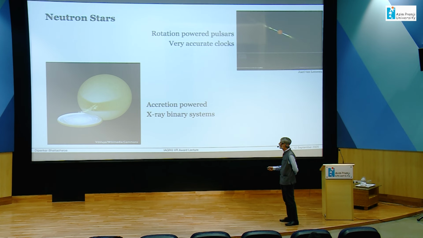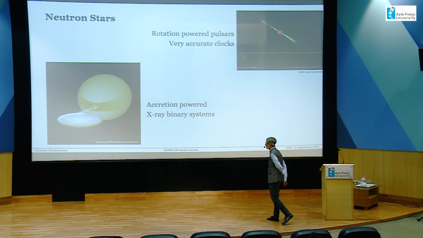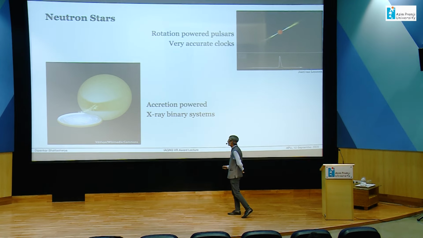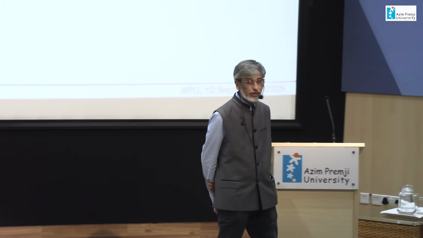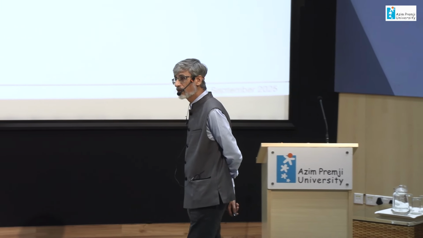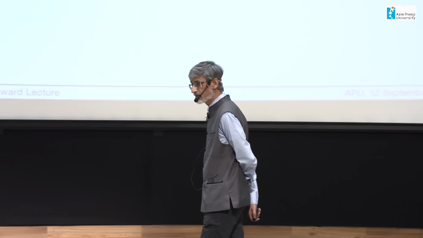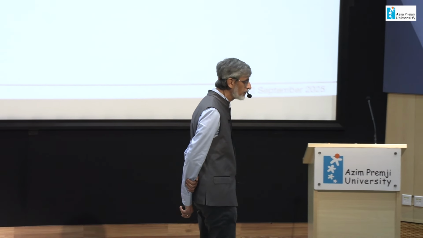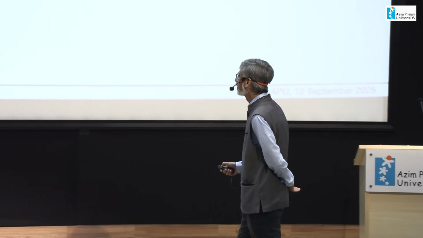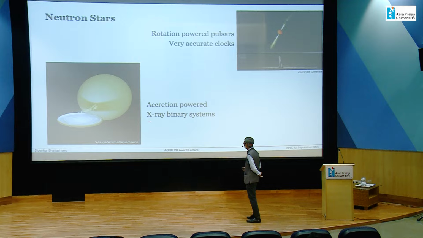So this disk structure is cooler on the outside and hotter on the inside, and the inside, when you have a compact object like a neutron star or a black hole, gets so hot that it glows brightly in X-rays. In fact, these are some of the most luminous individual X-ray sources around. And these are called accretion-powered X-ray binary systems.